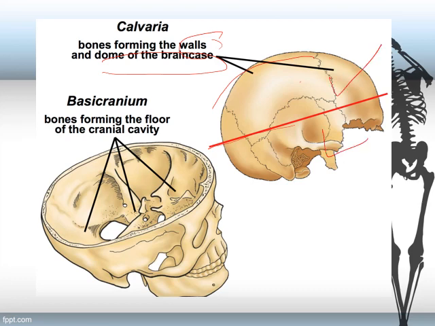So again, the upper portion is calvaria, skull cap, or skull vault, and the lower portion is called floor of the skull, base of the skull, or basicranium, from the word base. So they are bones forming the floor of the cranial cavity. So when you take away this upper portion, you will see here the base of the skull. Okay, so we have here the different parts of the base of the skull.